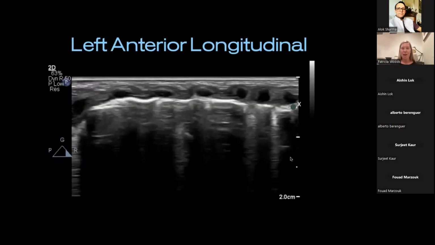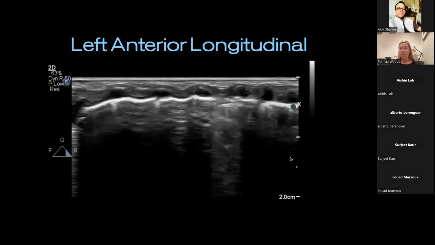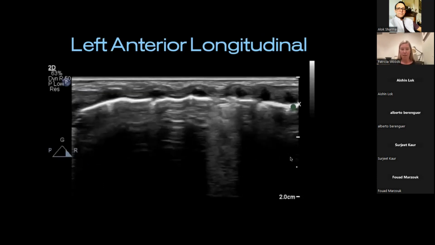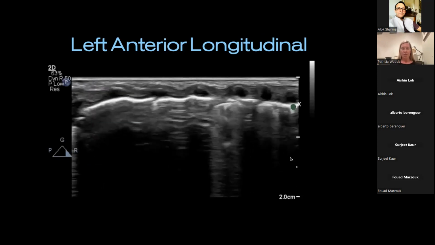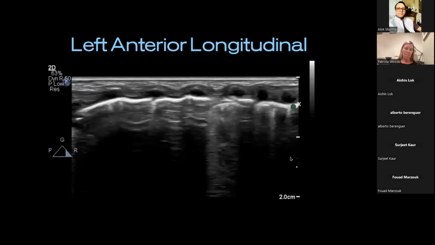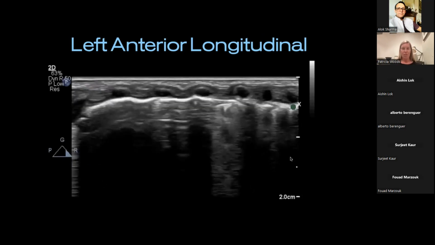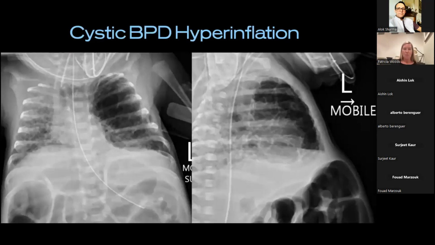Drifting over to the left, I think what we're observing here is the very hyperinflated lung, giving you really subtle pleural sliding, a defined pleural line, mainly A lines and really occasional intermittent B lines. So just be aware, this is the cystic BPD hyperinflation, ruining visualization of normal central structures.